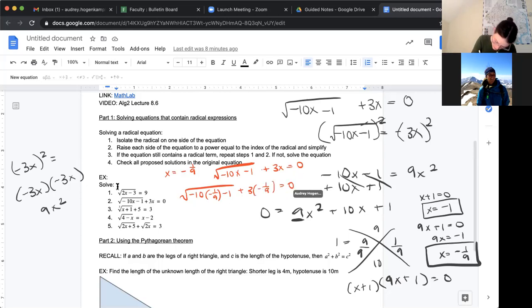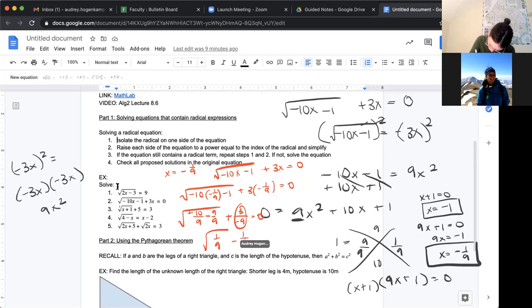So I'm going to have square root of negative 10/9 minus 1 plus 3 divided by negative 9, which is going to be negative 1/3. So negative 10/9 minus 1 is going to be negative 10/9 minus 9/9. Do a common denominator there. So that is going to give me the square root of, negative times negative there makes that positive, so that's going to be the square root of 1/9 minus, this simplifies to negative 1/3.